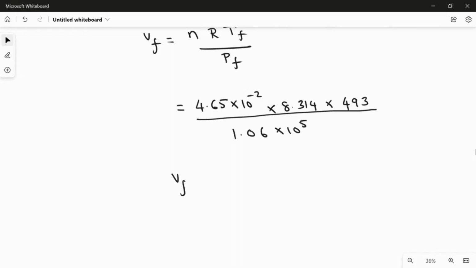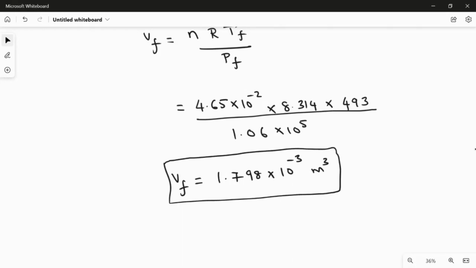So I got the answer here: Vf takes the value of 1.798 × 10⁻³ m³. So this is the answer for the second question. That's it. Thank you.